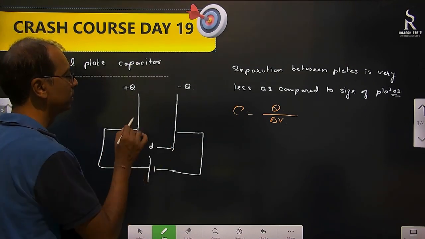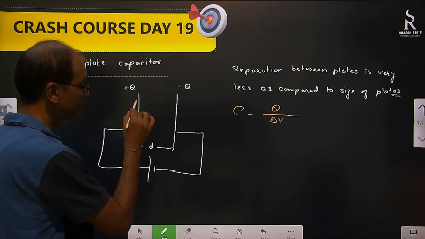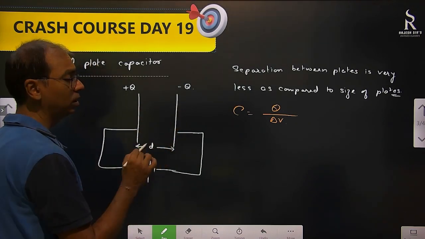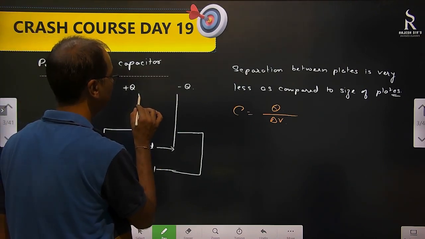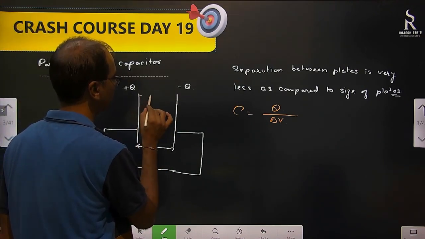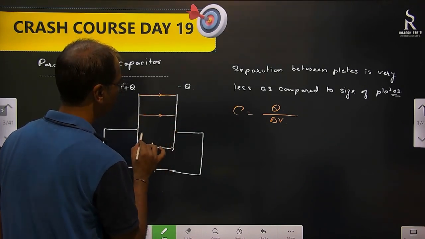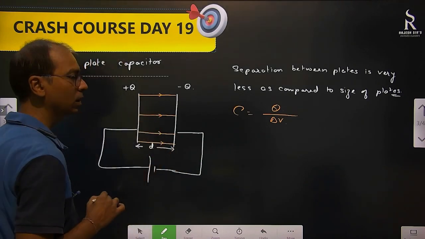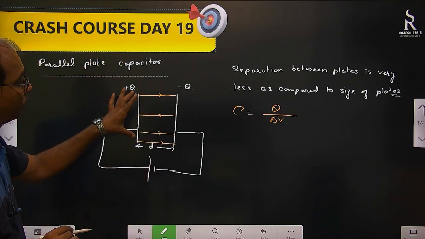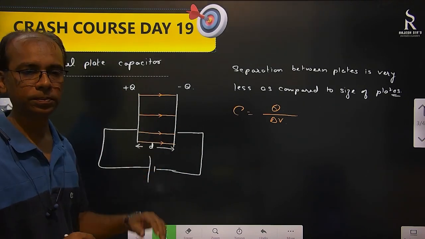So what happens here: if this plate has charge Q and this plate has charge minus Q, then an electric field is there between the positive and negative charge. We know that the electric field will be like this. So we'll calculate this electric field first. The electric field due to this plate will be sigma by 2 epsilon naught in this direction.